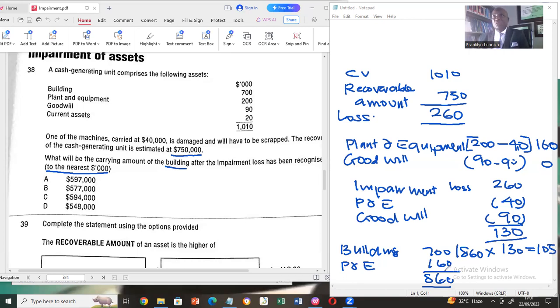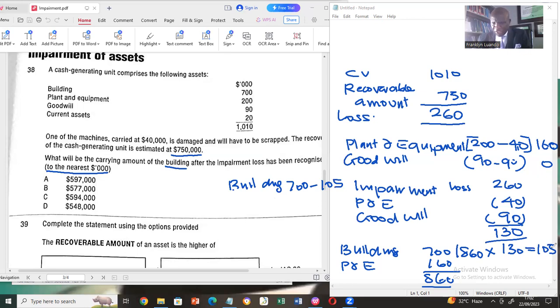And now what will be the balance of the building? The balance of the building will be the building at 700 less 105.